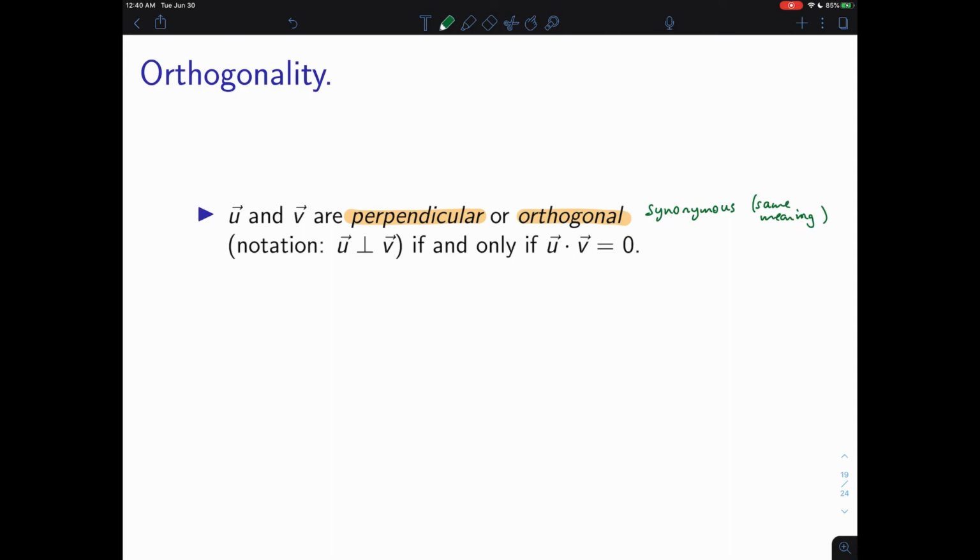They really mean the same thing. There's no subtle difference here that I'm ignoring. And they mean a right angle between u and v.